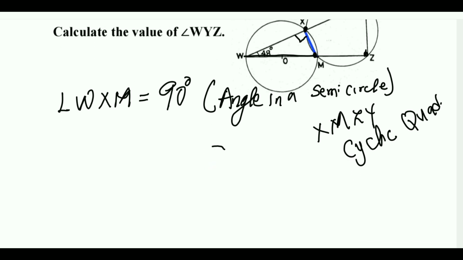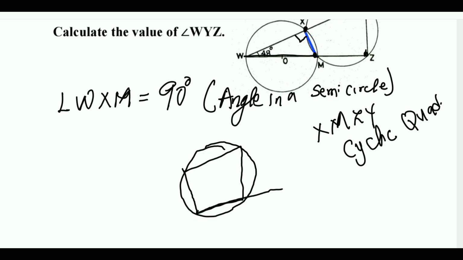Permit me to draw a circle. So let's say this is a circle, and I have this as a cyclic quadrilateral. All right, this is a cyclic quadrilateral. When a side is extended, an angle is formed outside, and so this angle is called the exterior angle.